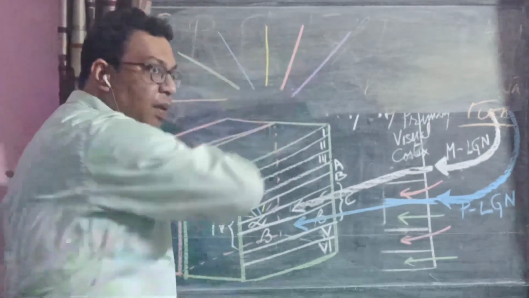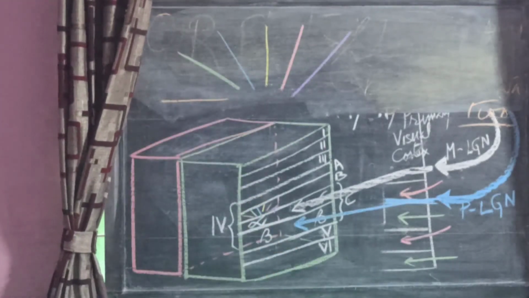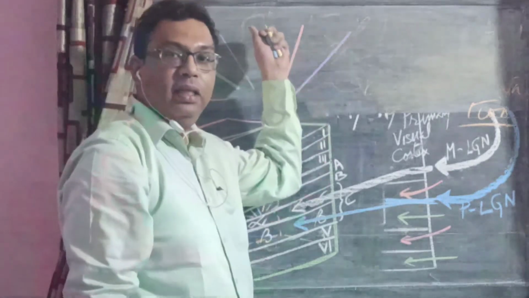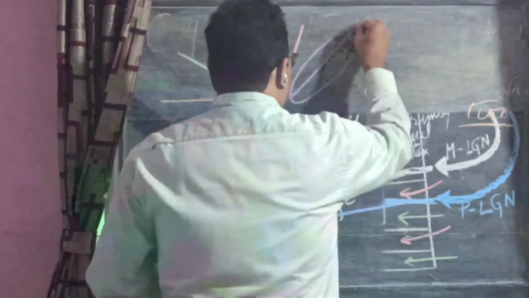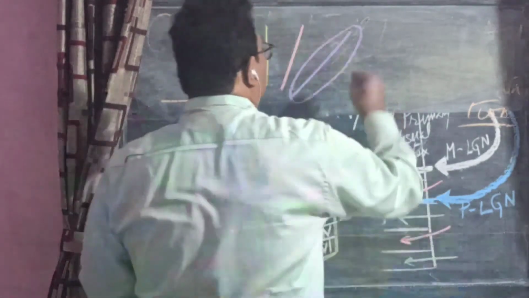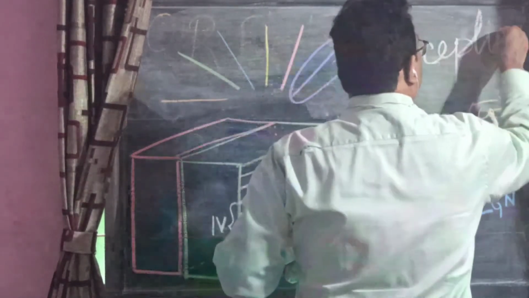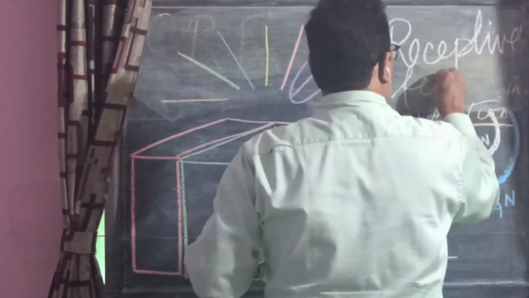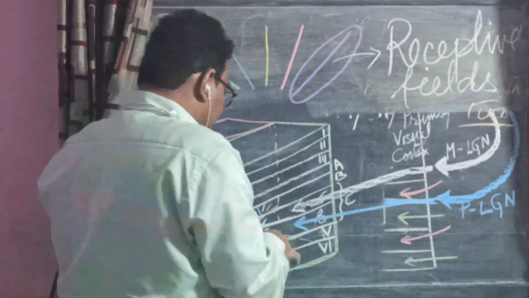So there will be cells here stimulated by a particular orientation. These are receptive fields oriented in this way, so you will have oriented cells.